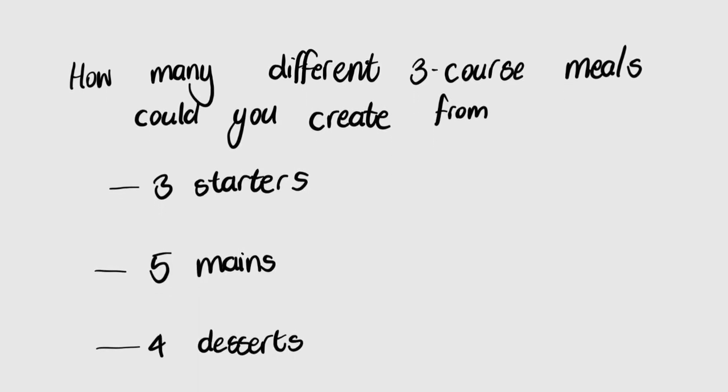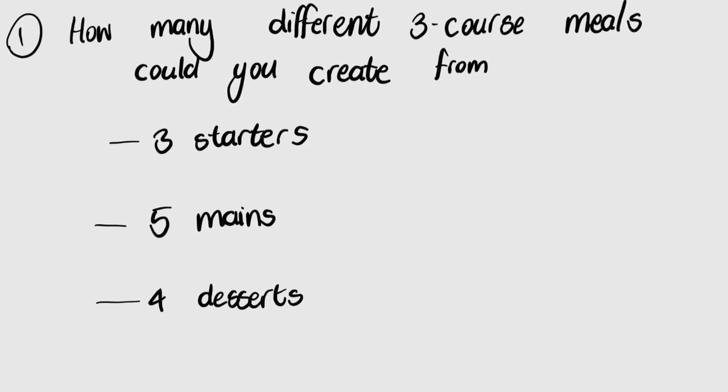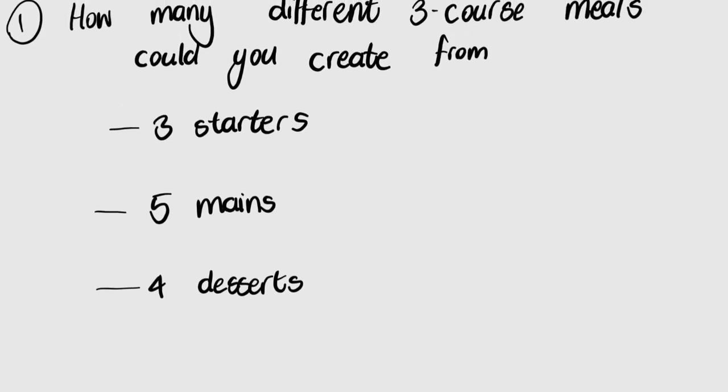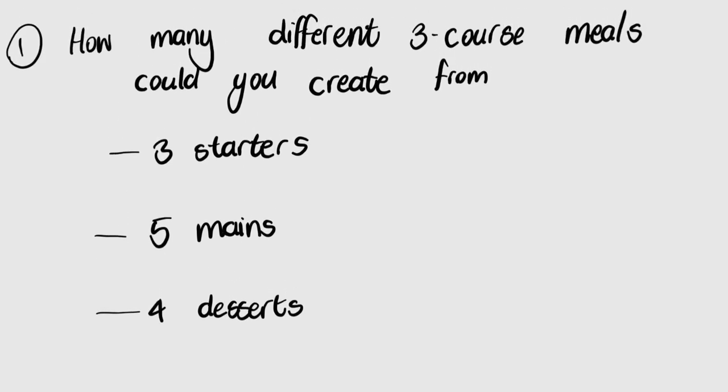Okay, so let's go to the first example question. How many different 3-course meals could you create from 3 starters, 5 mains, and 4 desserts? So as we said, if it's a k-step process, in this case, the operation is choosing a full 3-course meal, and there are 3 choices for the first step, as it were.